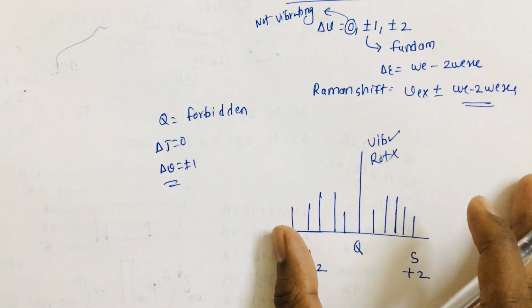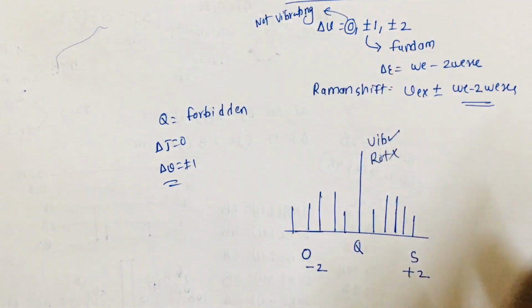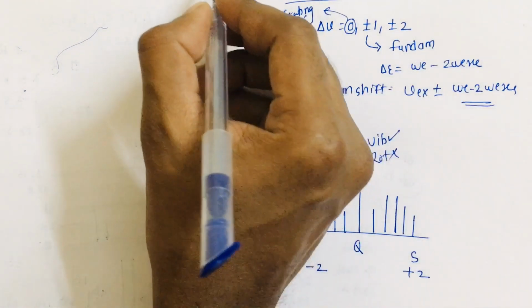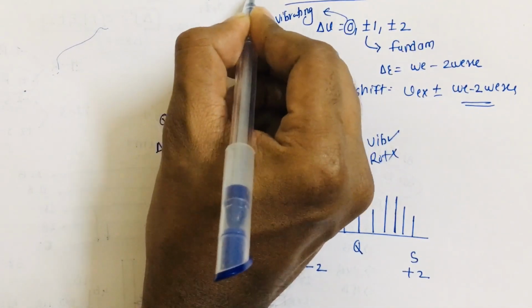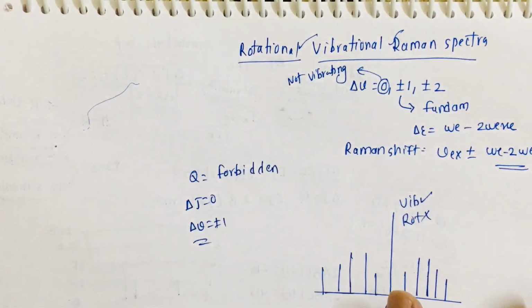But what does vibration Raman spectra mean? The vibrations as well as the rotations should be changing. Sorry, this is the rotational vibration Raman spectra. I forgot to include rotational here.